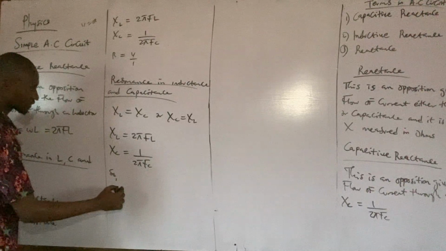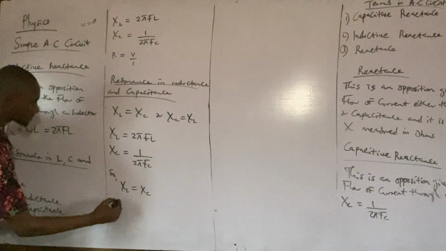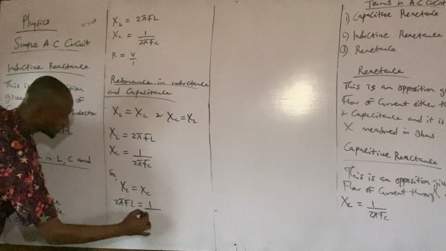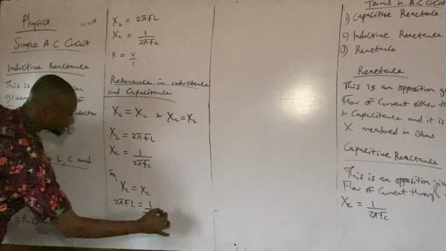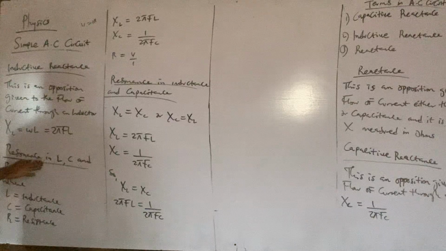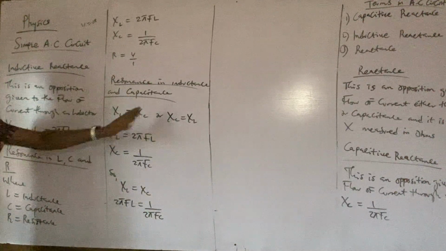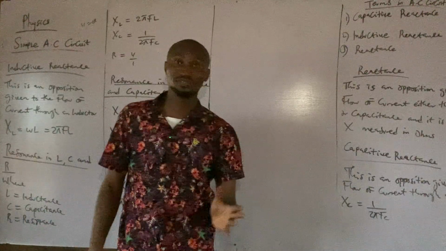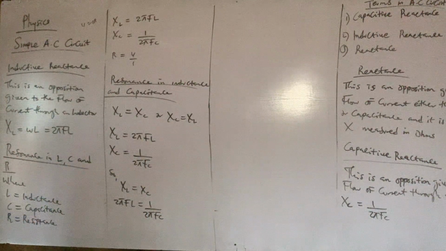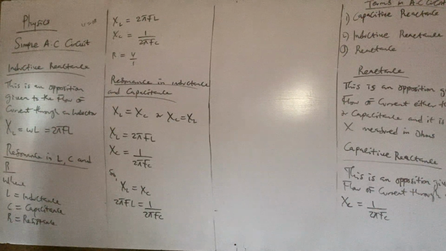So XL equals XC: 2 pi FL equals 1 over 2 pi FC. I want you to know that resonance varies with frequency. The same frequency is experienced in each resonance.